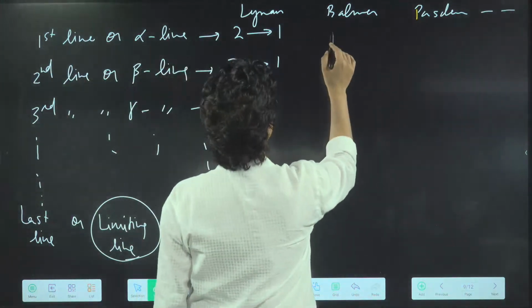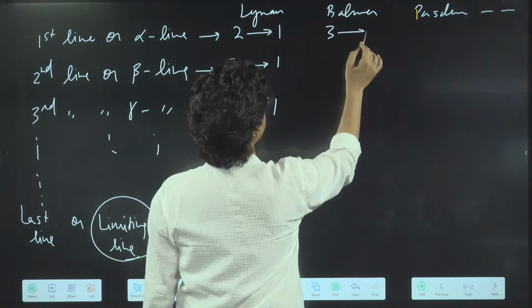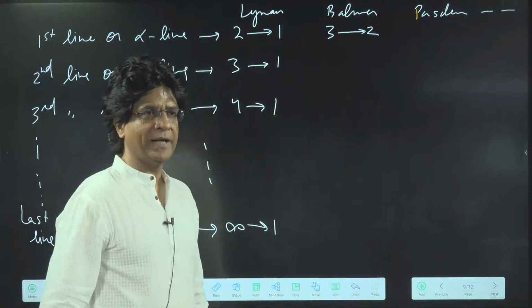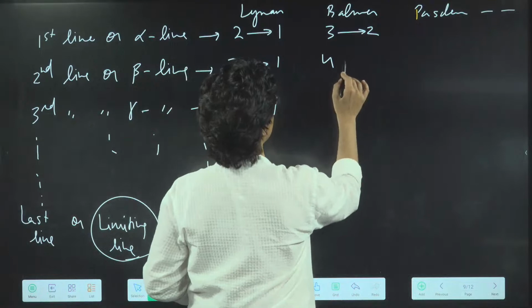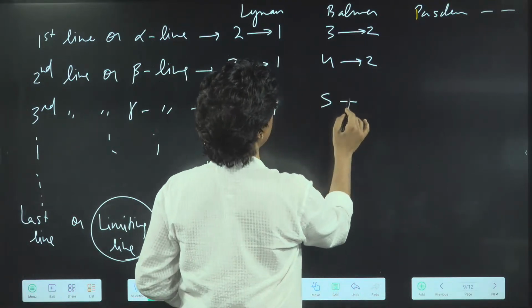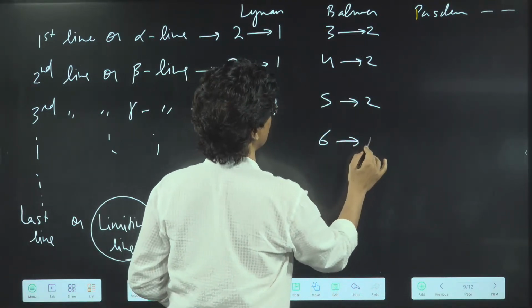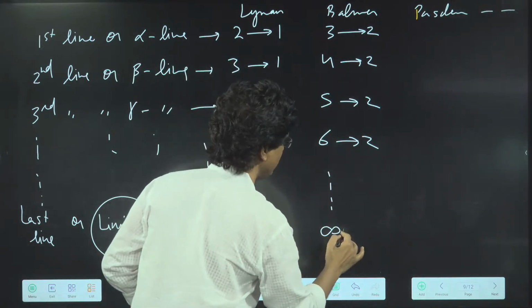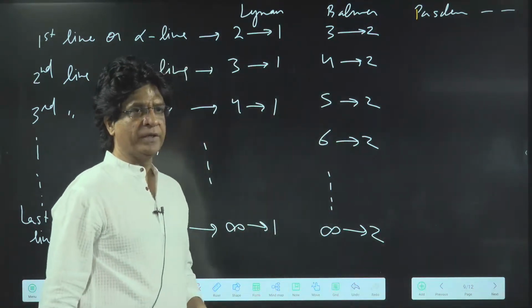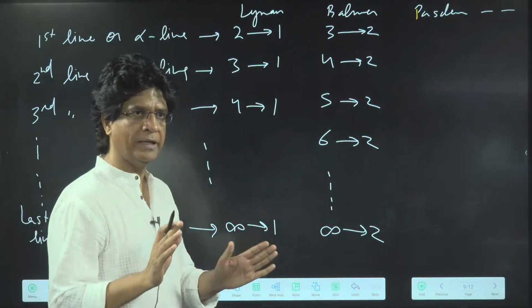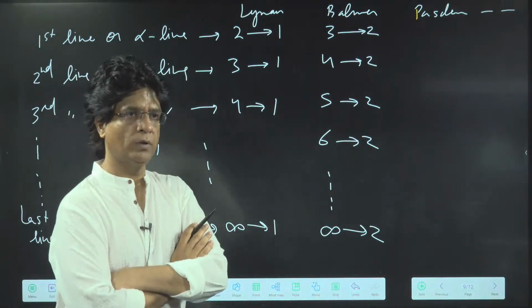And how about the Balmer line? The first line will be 3 to 2. The base line has to be 2. Then 4 to 2, 5 to 2, 6 to 2, and so on, and then finally infinity to 2. Agree, everyone or not?